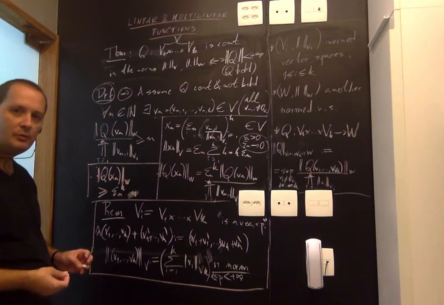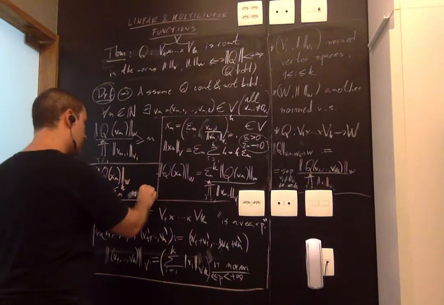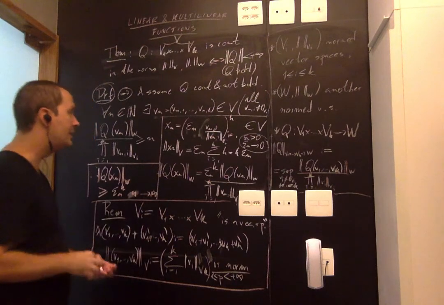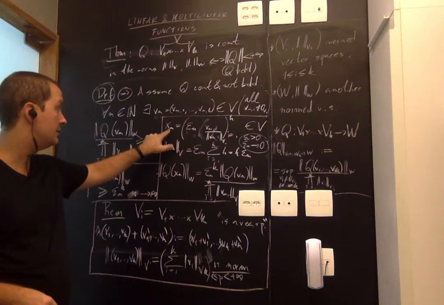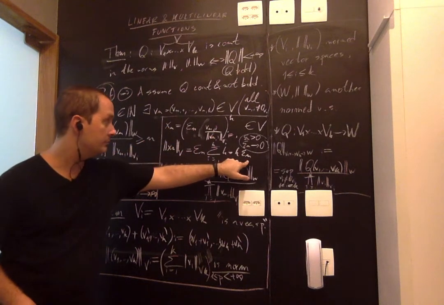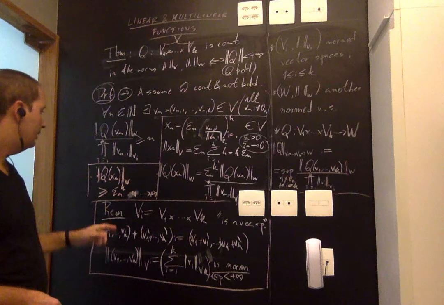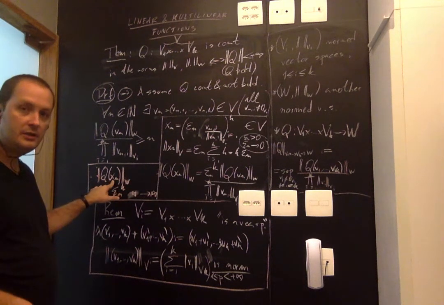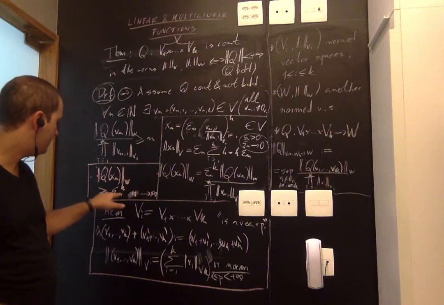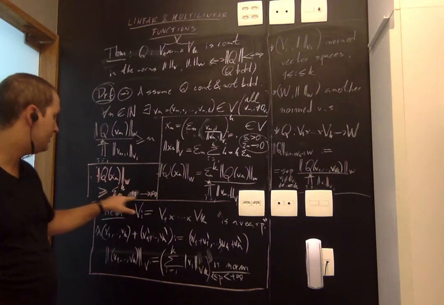And if you want to copy the proof that I did last time, I want this to go to infinity. Why? Because then I have a sequence of vectors going to 0, those are the x sub n's. But q of x sub n is not going to 0, because I have epsilon n to the k times n going to infinity.